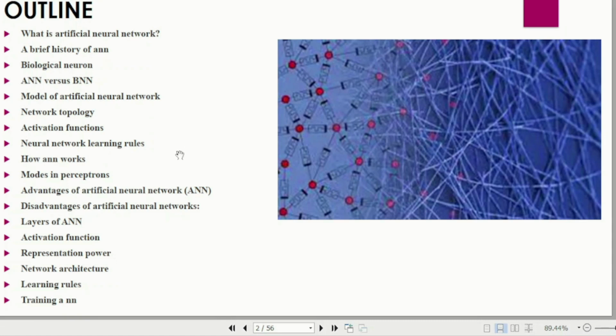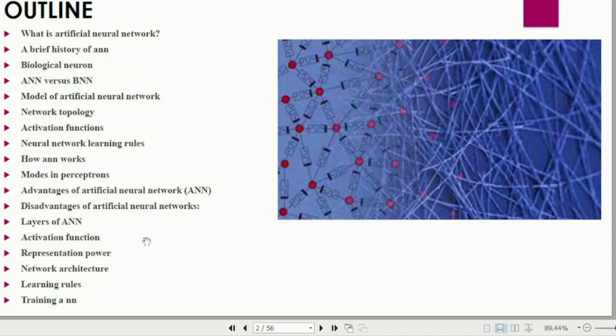Then come perceptrons, which are a very important topic in artificial neural networks. Further, we will discuss their advantages, disadvantages, and furthermore, the layers of artificial neural networks. And the main topic, which performs the work overall in the artificial neural network, is the activation functions.